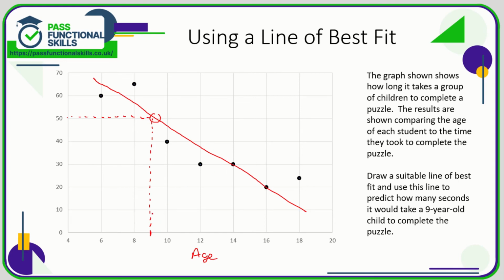So since 9 corresponds to this mark here, I could argue that that corresponds to a time of 50 seconds. Although it does look like it's slightly above, so 51. Probably they would accept anything between 45 and 55 for a question like this perhaps. So all you need to do is draw in a line of best fit and then use it to take a reading for some other point.